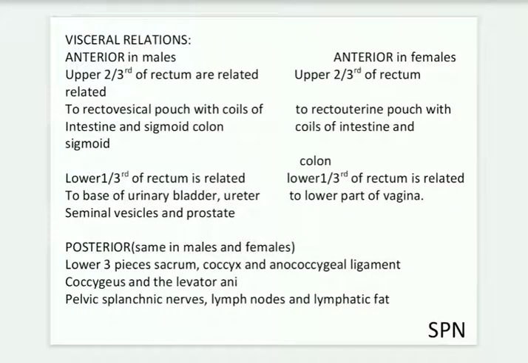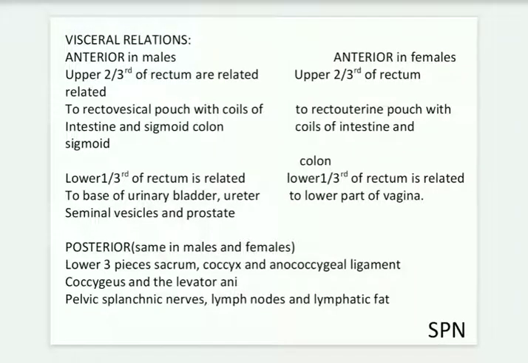Next, there are the visceral relations. Anteriorly, in males, the upper two-thirds of the rectum are related to the rectovesical pouch with coils of intestine and sigmoid colon. The lower one third of the rectum is related to the base of the urinary bladder, ureter, seminal vesicles and prostate.